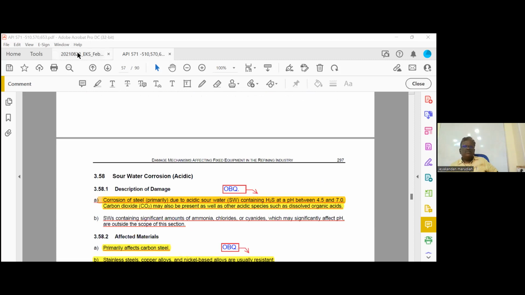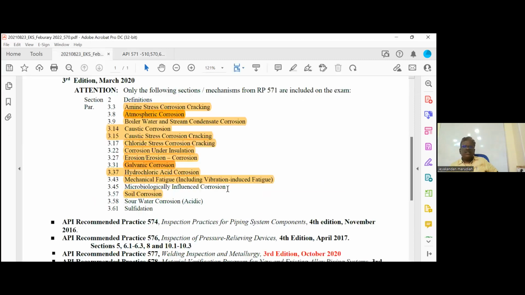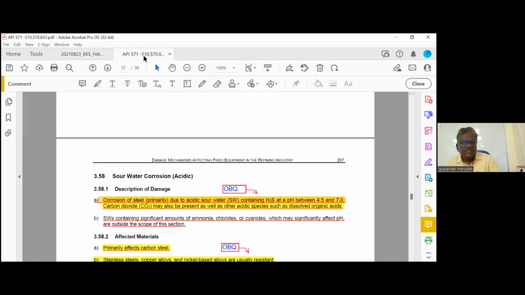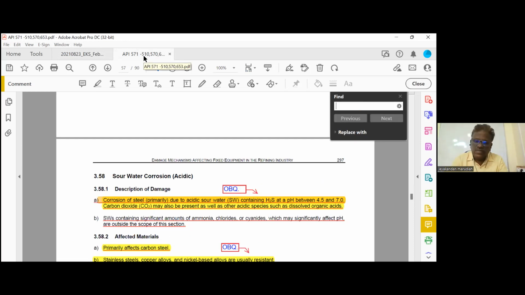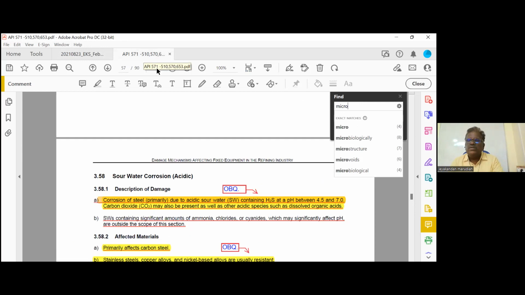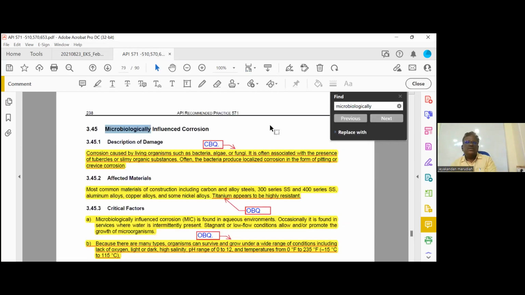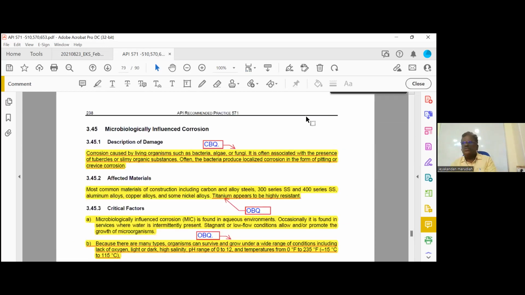The next one is MIC, microbiologically influenced corrosion. So what is MIC? Page number 238.